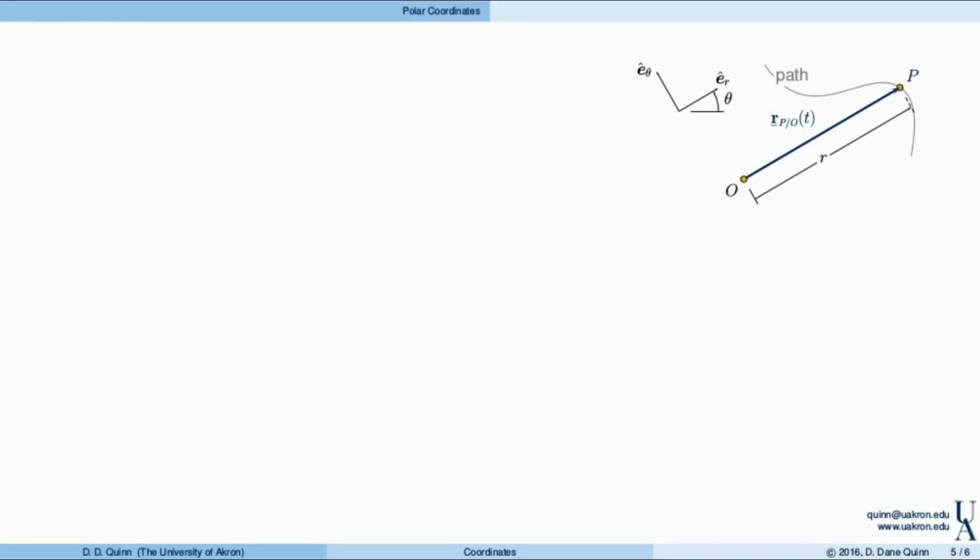So now we're ready to go and write down the position, velocity, and acceleration. Well, the position we've already said, right? So the position was r of p with respect to O is r in the ER direction. But now let's look at the velocity. So the velocity of p is the derivative of the position.